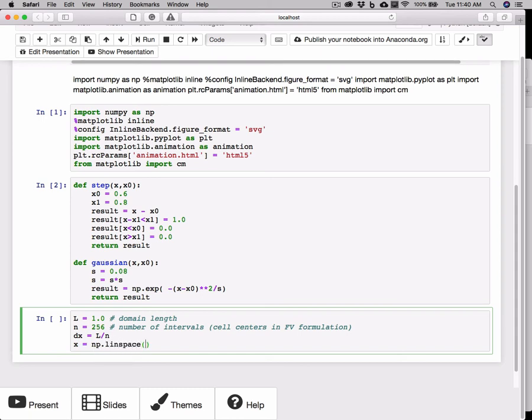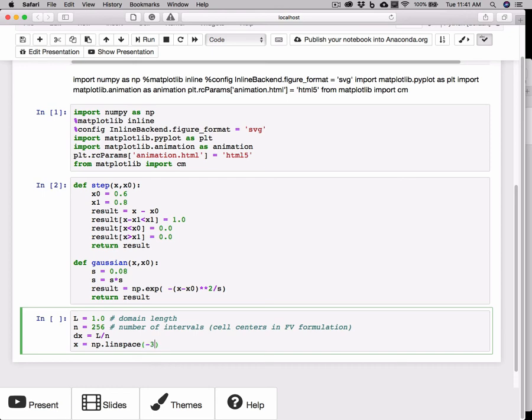Okay, let's see. What is the first? So this X is the cell centroid X coordinate, okay? So where do we start if we have two ghost points on the left? So the boundary is at 0. The first interior cell is at delta X over 2. Correct? The first ghost cell is minus delta X over 2. And then add one more, minus delta X. So that's minus 3 delta X over 2. Agreed? Okay.